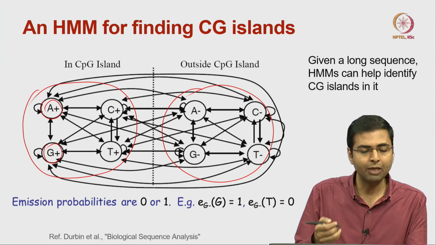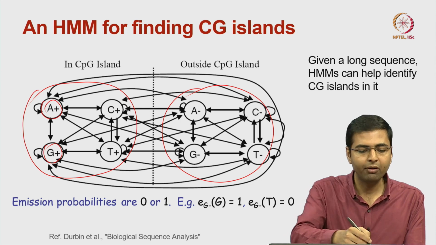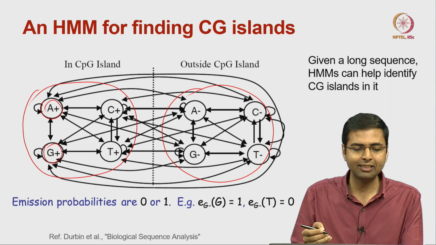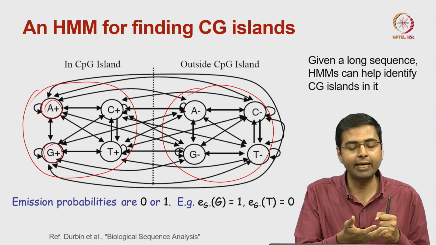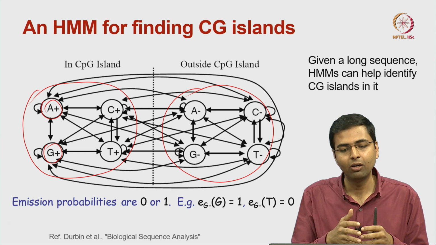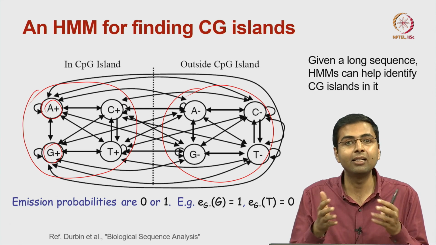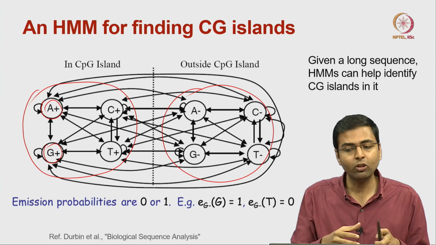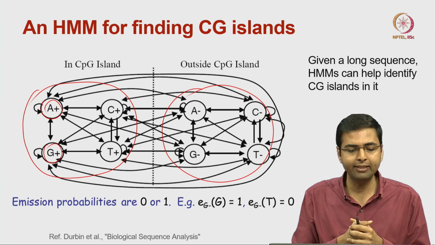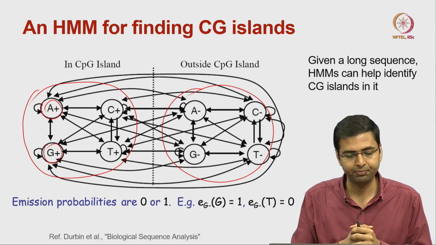So, those emission probabilities are obvious, and we can use 8 states, 4 for the sequences inside the CpG island and 4 for the sequences outside the island. Based on this model we can infer the islands inside the genome sequence.